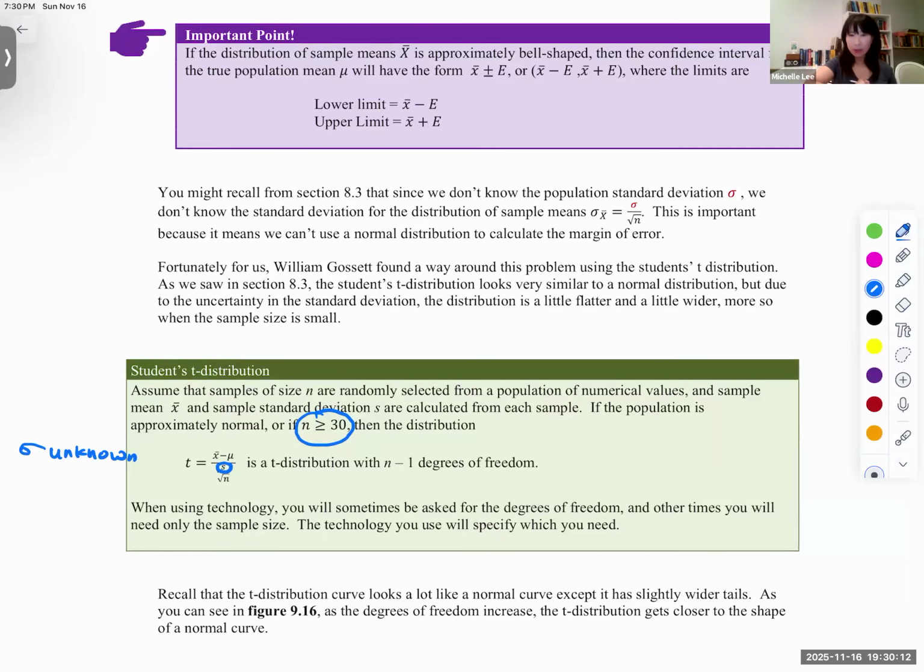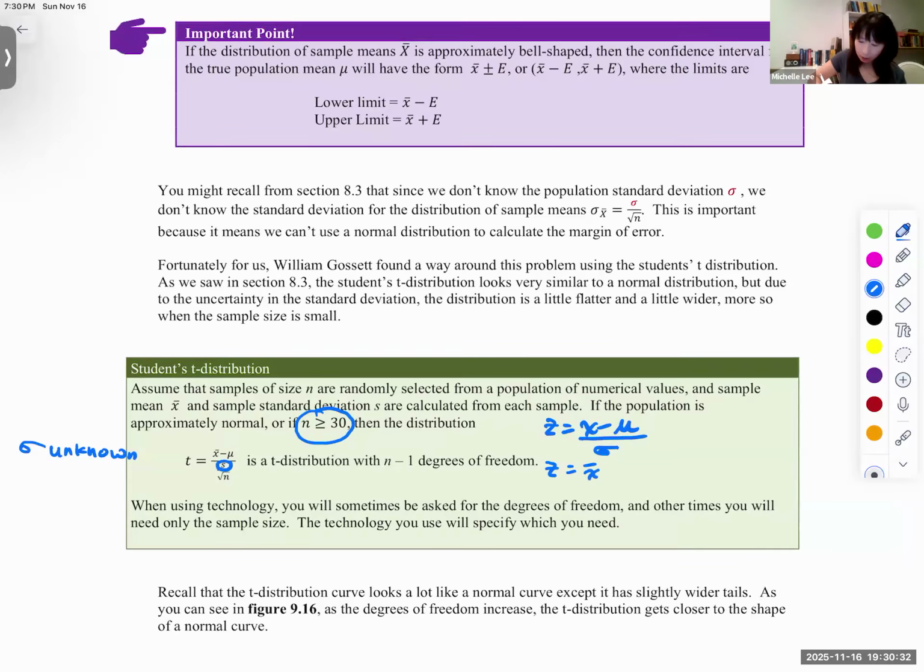That comes from the z-score, right? For the z-score, we have x minus mu over sigma. Then in the sampling distribution, z equals the sample mean x bar minus mu sub x bar over sigma sub x bar.